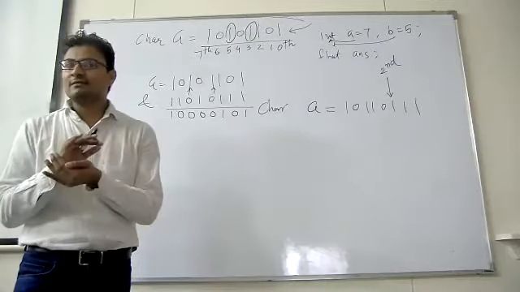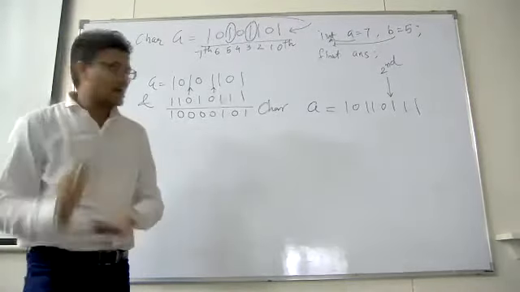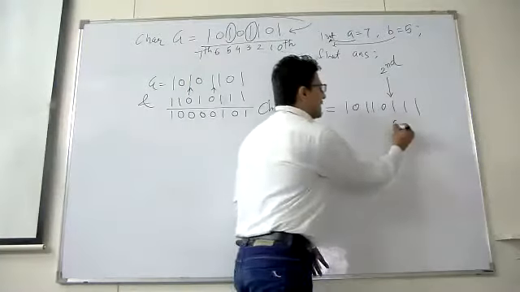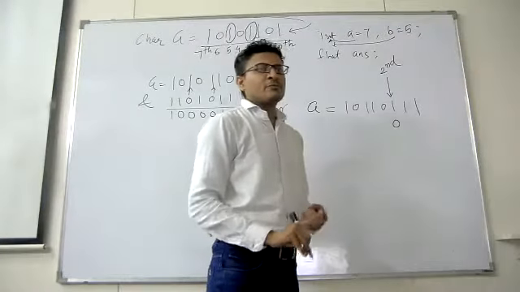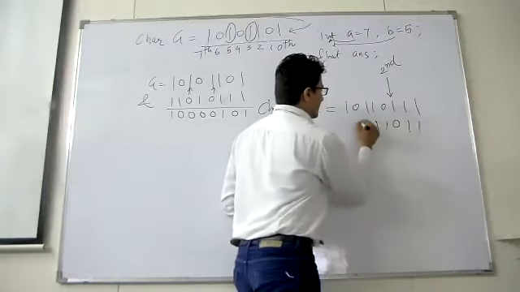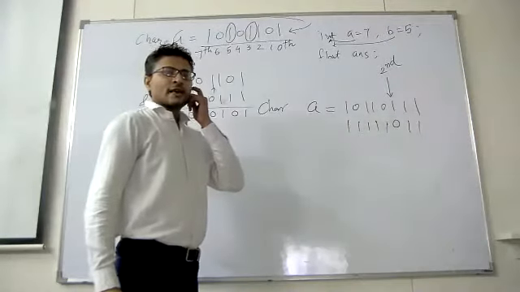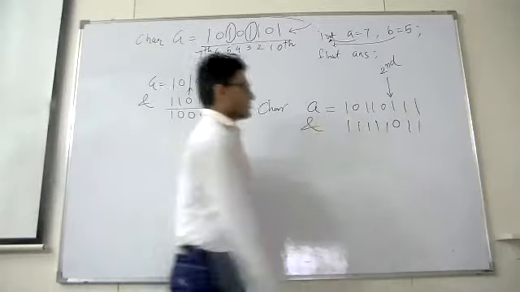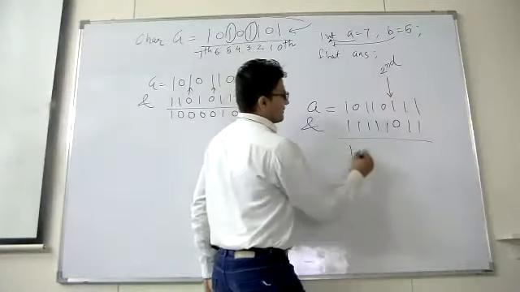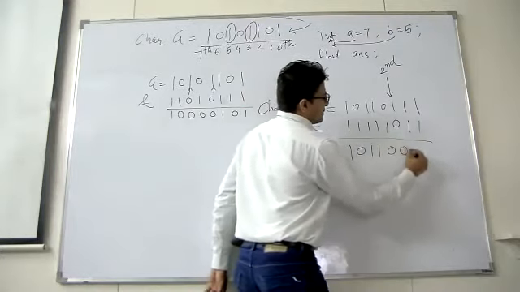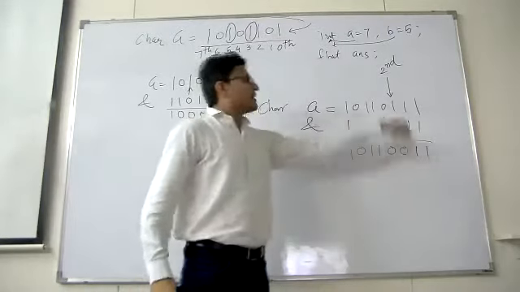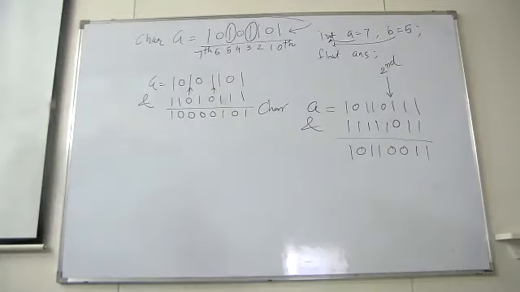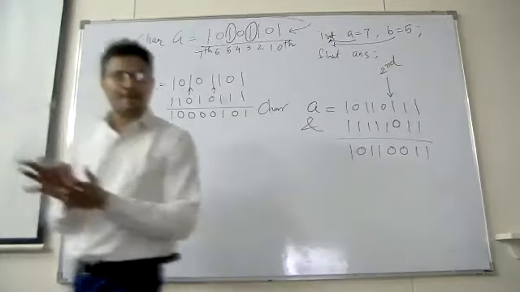AND operation with F7? Yes, your answer is very simple and straightforward. Make the second position 0 and all the remaining positions 1, and perform the AND operation with this value. It will clear the second position without affecting the remaining bits. Agree with me? Yes, sir.